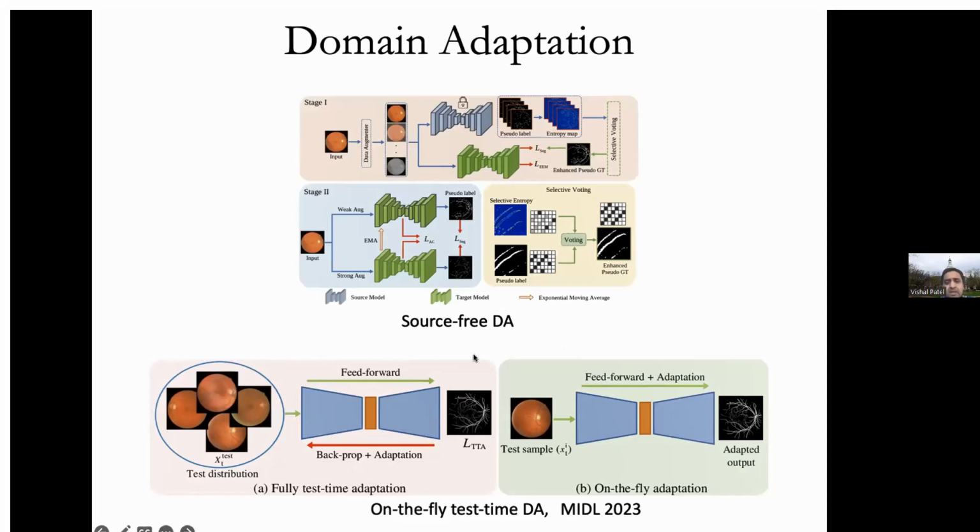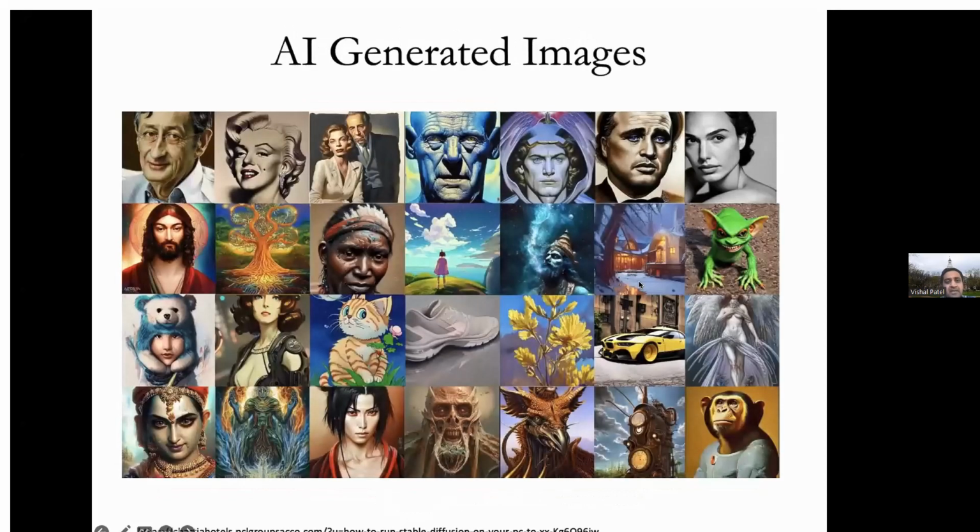As we know, in the last 5 years we've seen a number of different generative AI techniques which are now able to produce images and videos of very high quality. Here are some examples of images generated by an AI algorithm, latent diffusion, for instance.